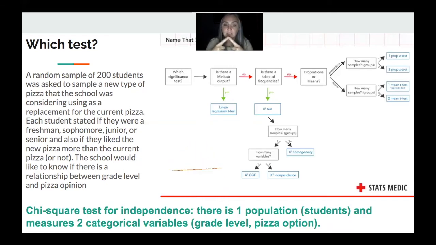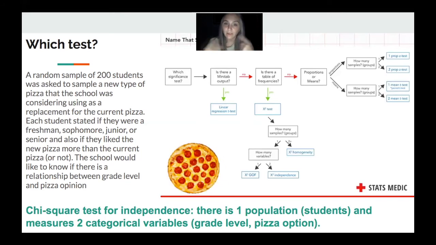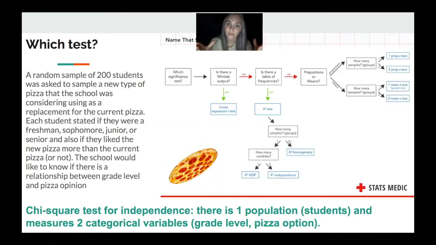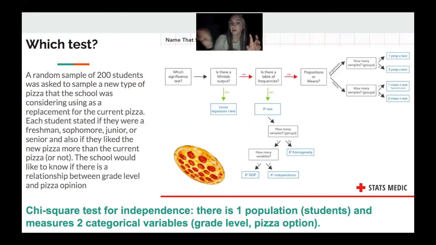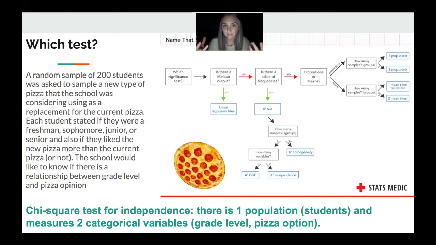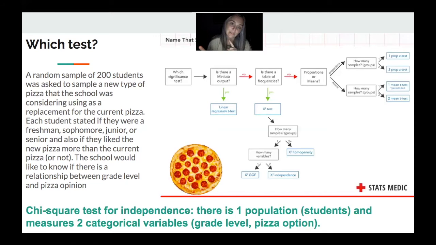Are they related? So the question here is, if I pick a junior, do I know whether or not you're going to like this new pizza more or not, just based on the fact that you're a junior, right? Because if I take this data and the proportion of people who say yes is equal among sophomores, juniors, and seniors, then there's no association between grade level and pizza. But if very few sophomores say they like it, most juniors say they do, and most seniors say they don't, then there's an association between grade level and whether you like the pizza or not, right?